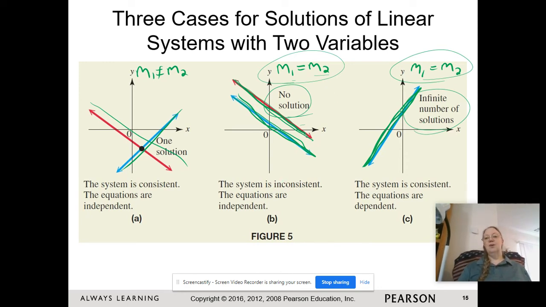If they have exactly the same y-intercept, then they're going to be the same equation, infinite number of solutions. If they have a different y-intercept, it's going to be this case where it's no solution.